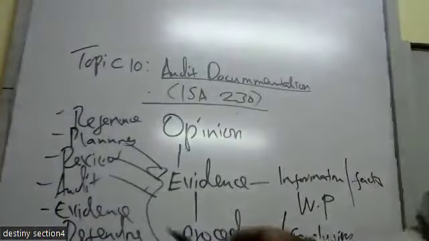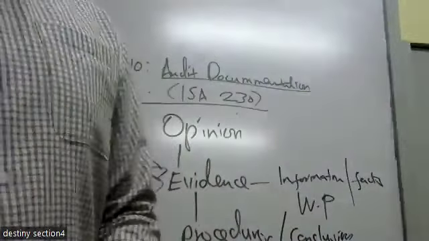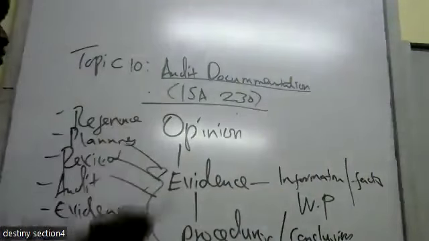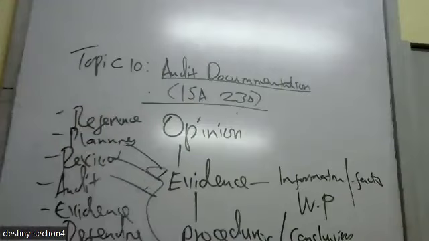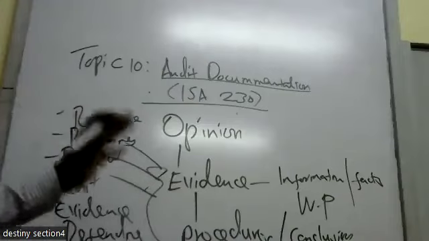So ISA 230 requires auditors to document these working papers and to maintain them for a sufficient period of time. Auditors cannot do their job without documentation. It is a requirement of ISA 230, and the professional bodies also require it.